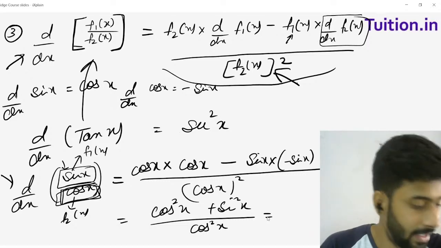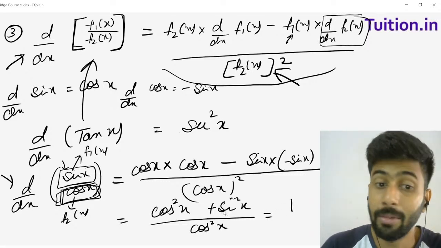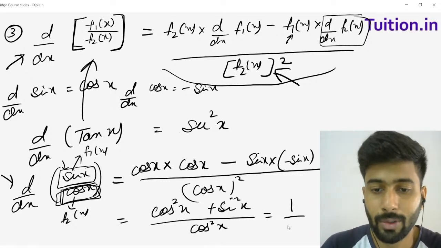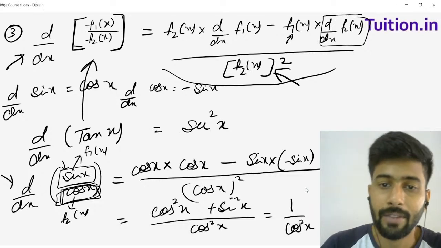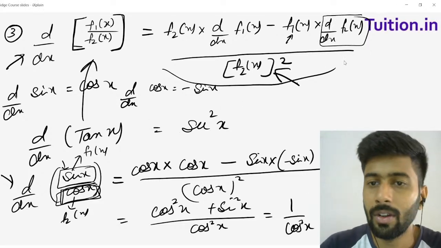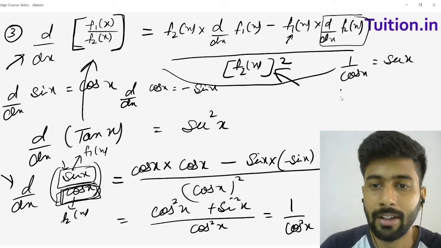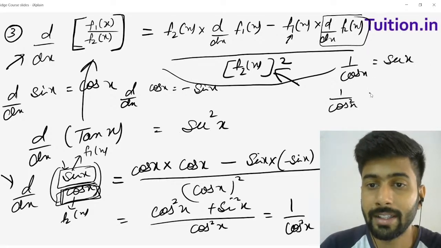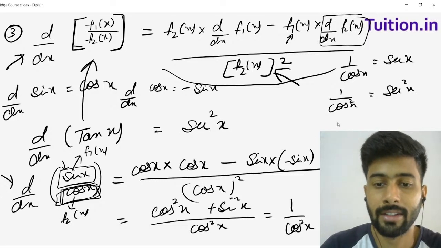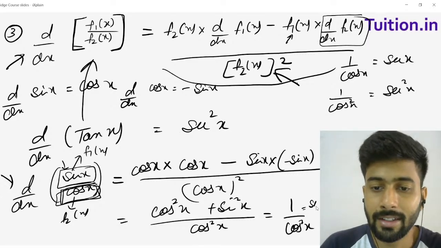So in the numerator we have 1, because sin square x plus cos square x is 1. You know that from 10th class mathematics, and this is divided by cos square x, right? What is 1 by cos x? Secant x, correct? What is 1 by cos square x? Secant square x. So I can write this as secant square x, right?